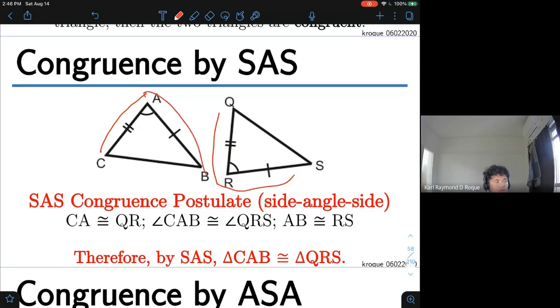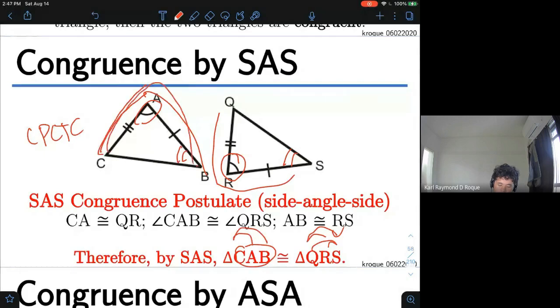Yun pa pala, nalimutan ko sabihin, CPCTC, yung angle CAB, congruent sa QRS, angle QSR is congruent to angle CBA, tapos angle ACB is congruent to angle RQS. Yan, yun pala yung isang implication ng congruence. Pero ito, ayan, nakita nyo ulit how I name, CA, CAB, AB, QR, QRS, RS. Ayan. That's how I name this.